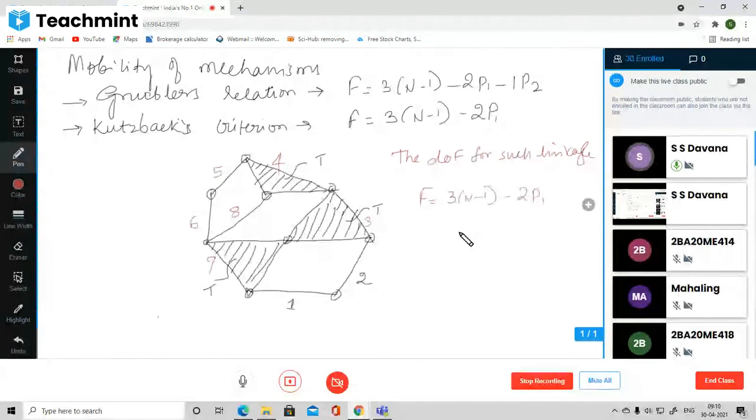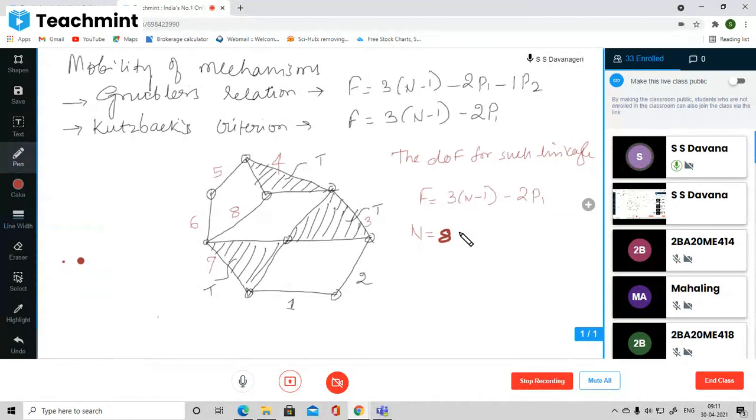Now let us note down how many links you have here. Just count how many links you have. Okay, so now we have 8 links here.